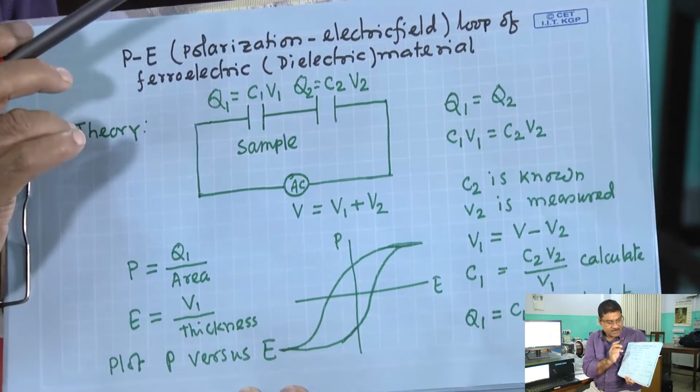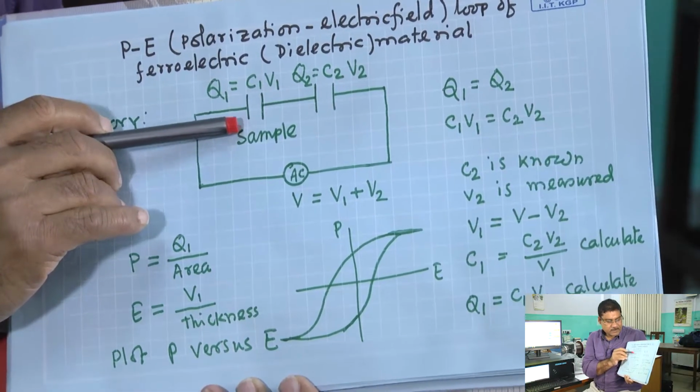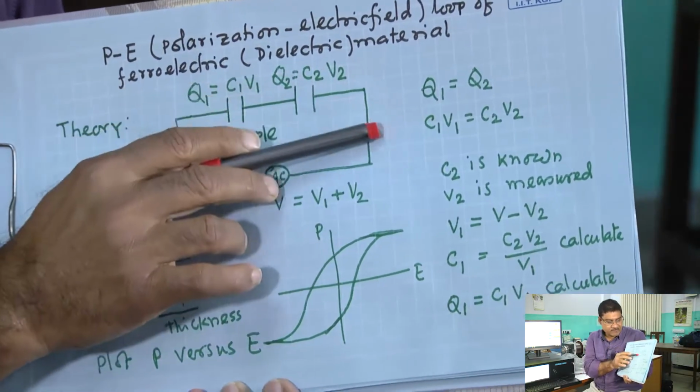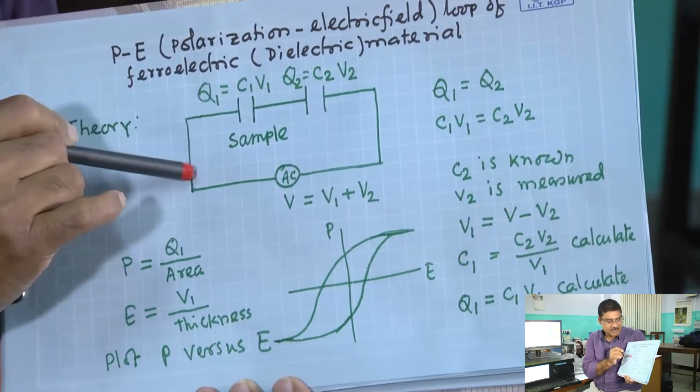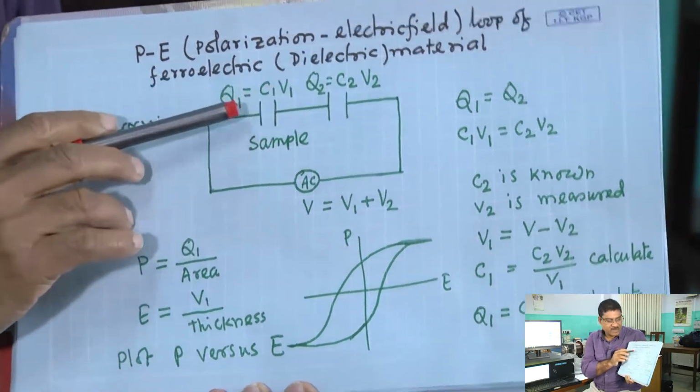Similarly, in the case of capacitors in series, the charge will be the same in the circuit, but the voltage drops will be different.